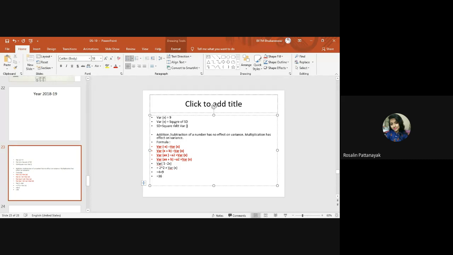This is the fundamental formula for standard deviation as well as variance. Clear? Whenever you calculate the variance of x or y, the following four formulas are required. Variance of minus x equals variance of x. Just note down. The next one is variance of x plus b.